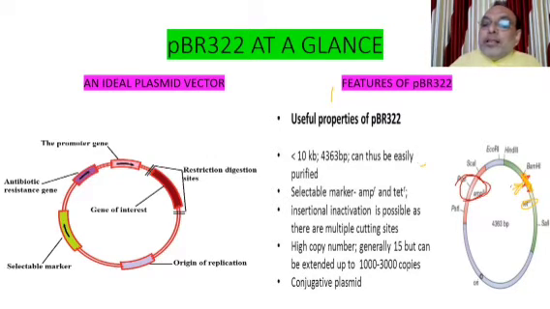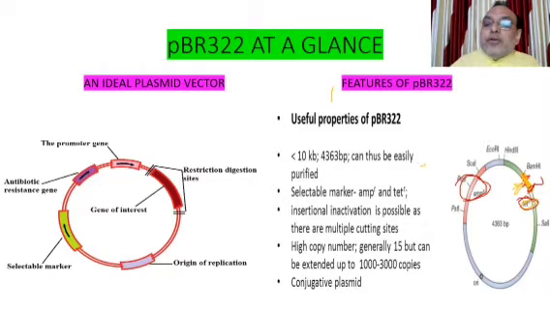Here the selectable marker will be ampicillin resistance as well as loss of tetracycline resistance, because we have incorporated the stretch of DNA which was to be multiplied, which was to be cloned, in this site, and that's why the disruption has taken place of this site, which represents the tetracycline resistance.